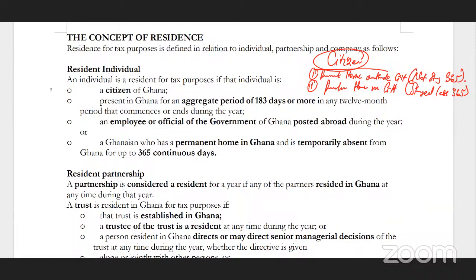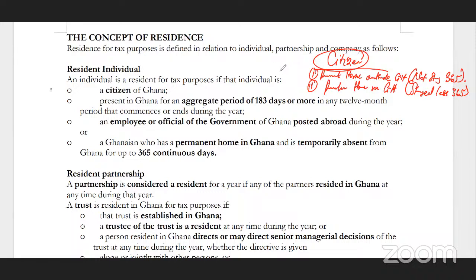Yes. How do you understand it? You're a citizen, but you have a permanent home outside. Even though you have a permanent home outside, you did not stay there continuously for 365 days, meaning you were here in Ghana.